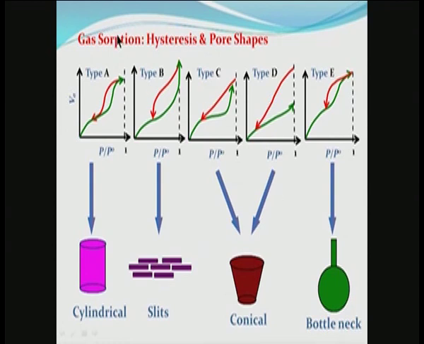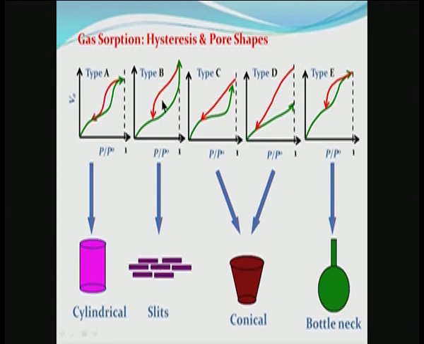What these cartoons show is the different kinds of pore shapes and the corresponding differences in the hysteresis. Each one is representing hysteresis. If you have cylindrical pores in a solid, then you get this kind of hysteresis.